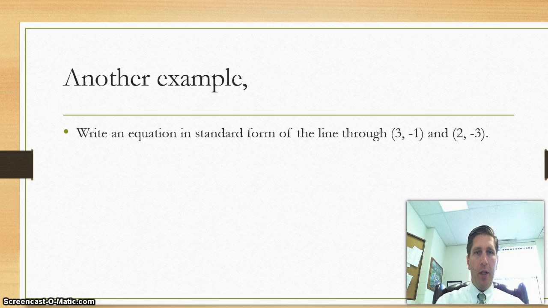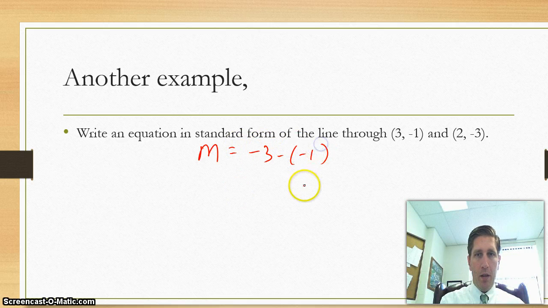Another example, write an equation in standard form of the line through 3, negative 1, and 2, negative 3. So either way, I have to find my m first. So negative 3 minus a negative 1, which turns into a plus, and then 2 minus 3, which is negative 2 over negative 1, which equals 2.